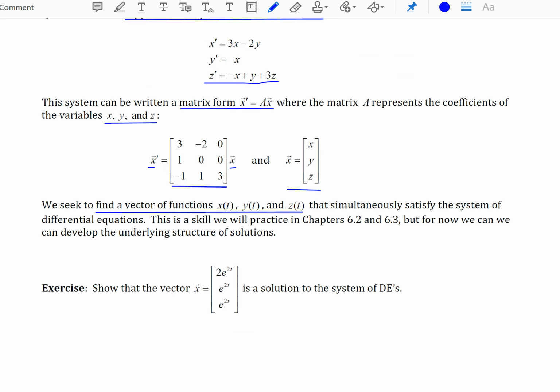Let's look at a first example. Consider the vector of functions 2e to the 2t, e to the 2t, and e to the 2t. So here this would represent our three functions, x of t, y of t, and z of t.